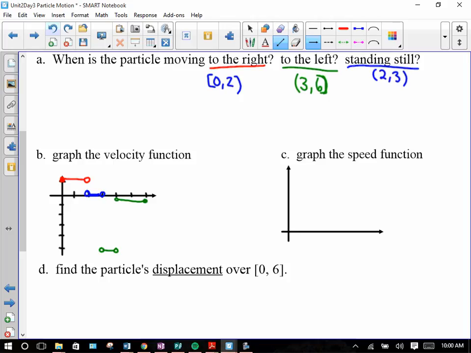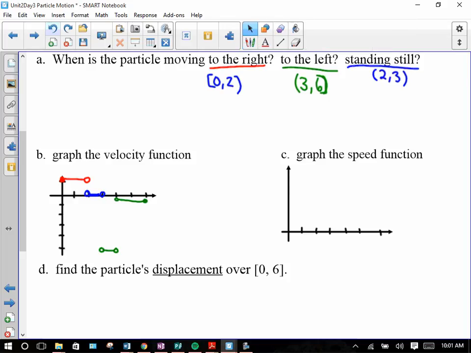Again, my axis will look a little different because we don't have any negative values. So again, we need 0 to 6 and 0, 1, 2, 3, 4, 5, 6.